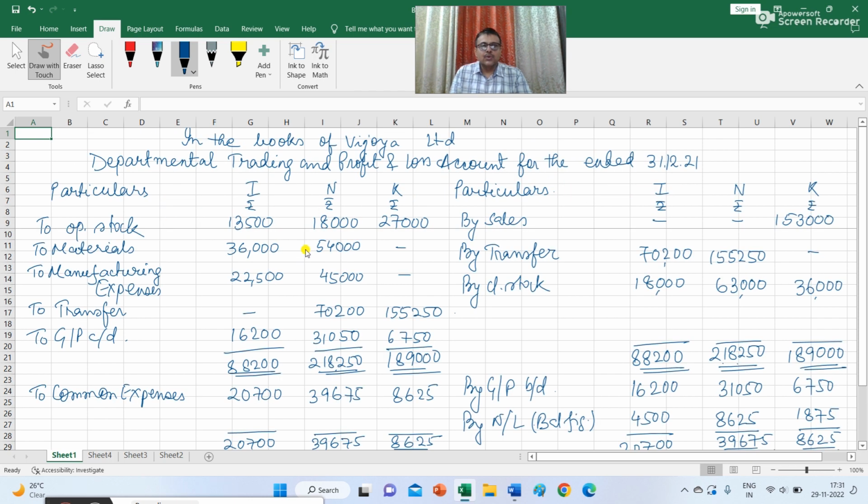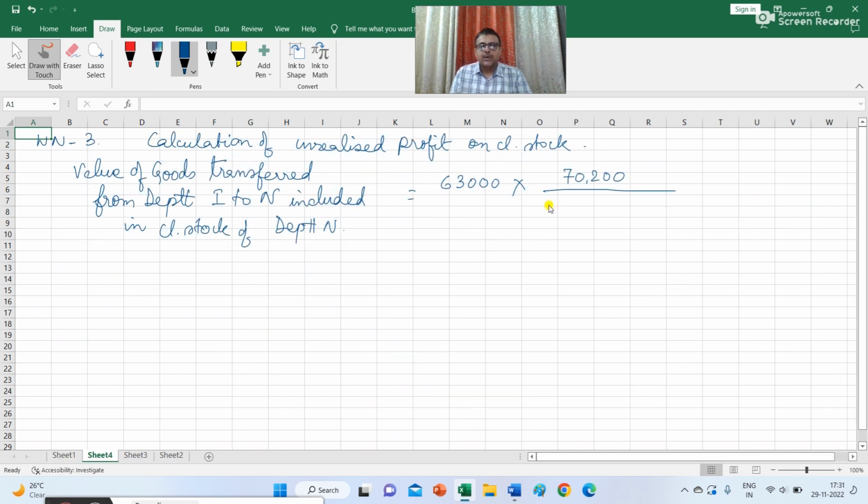And the total amount of expense incurred by department N is 54,000, 45,000 as manufacturing expense, and 70,200. So in the denominator, I have to write 54,000 plus 45,000, that is the manufacturing expense, and 70,200.